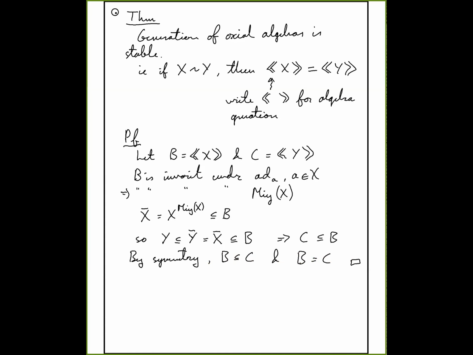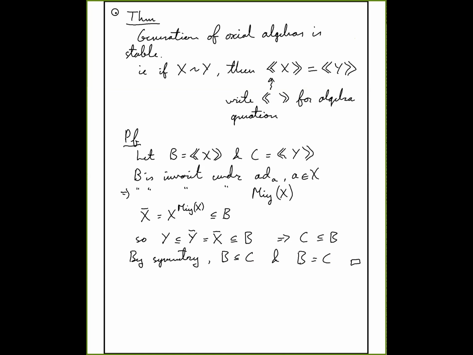Okay, so I don't have much time left, so let me just make one comment on this, and give you a preview of the next time. The comment is that the converse of this theorem isn't true.